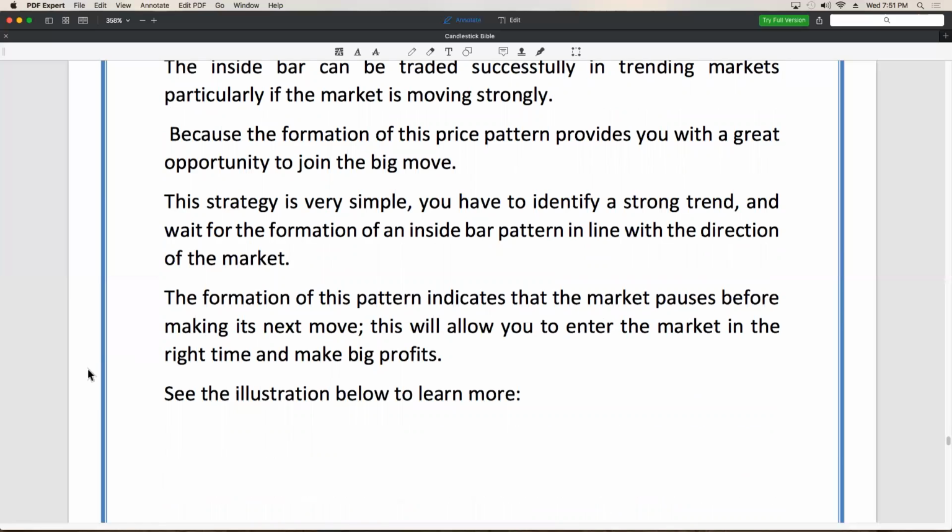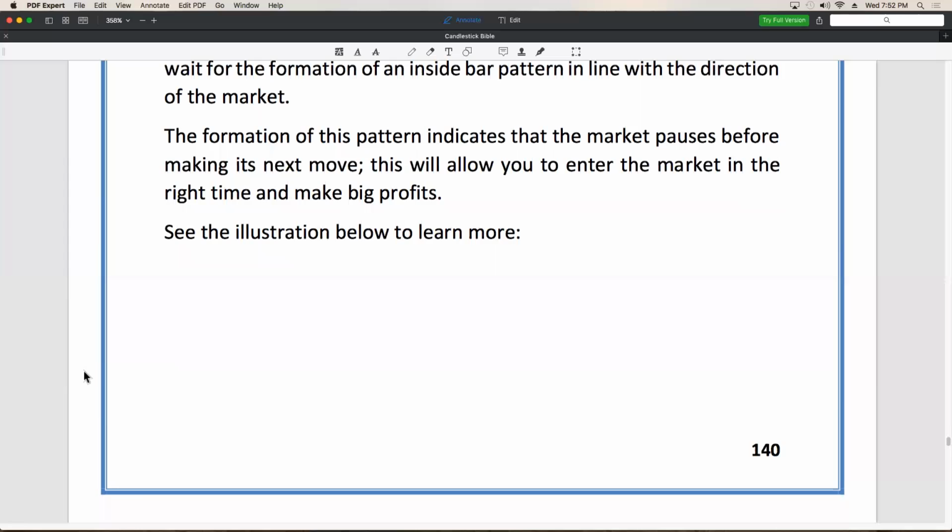Now, we always do that first, and wait for the formation of that inside bar pattern in line with the direction of the market. So the formation of this pattern indicates that the market pauses before making its next move. That's good wisdom. And this will allow you to enter the market at the right time and make big profits. See the illustration below to learn.